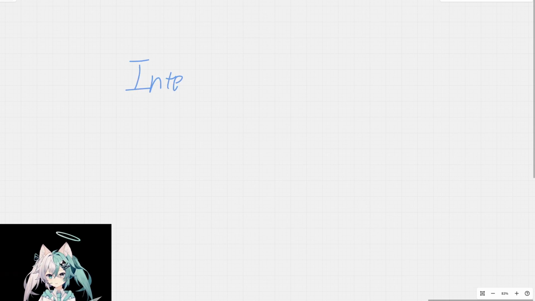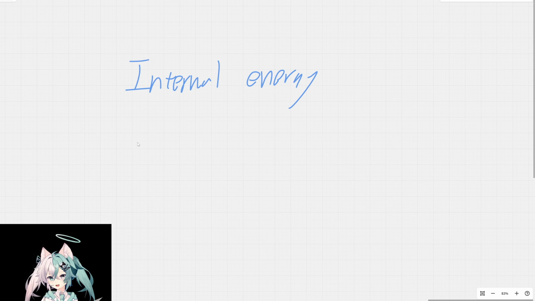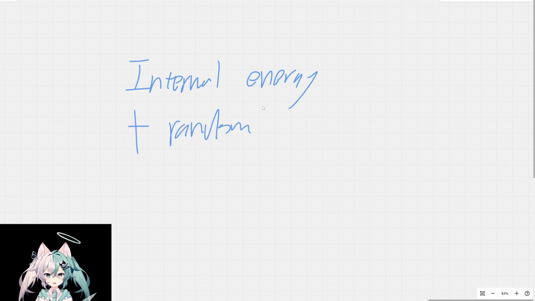So then, it's something about internal energy. This is another concept that we need to know. Internal energy is the sum of random kinetic energy, or we may say in other words, thermal energy.